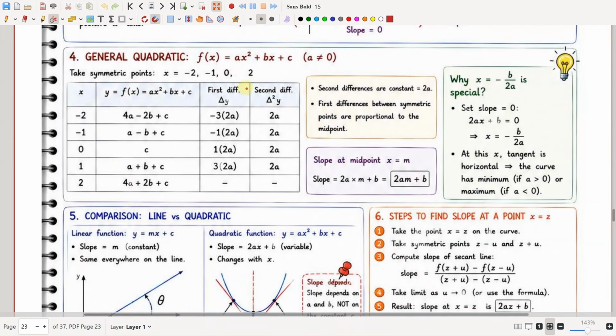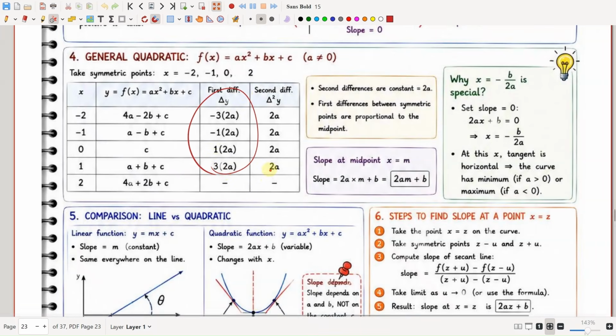Now I have to find the difference in delta y, which will be subtracting these things and finding these values.